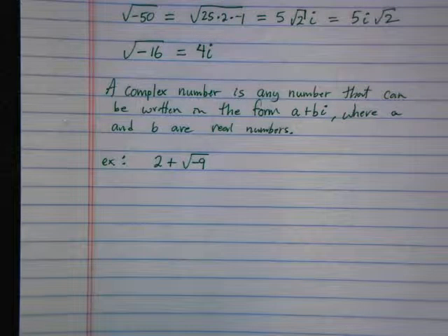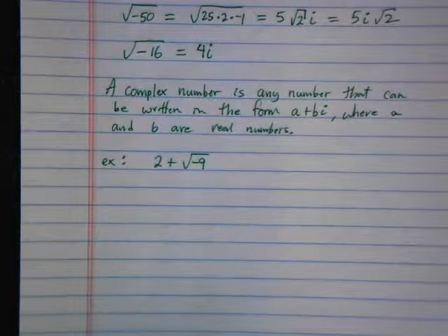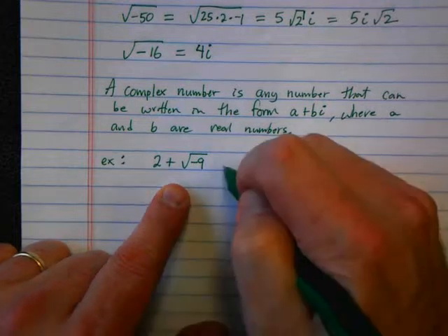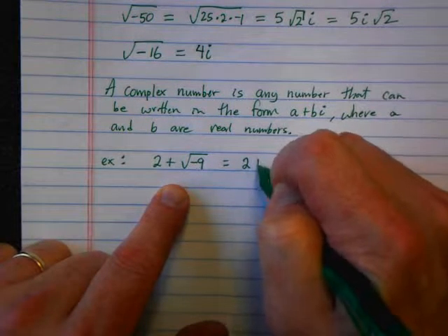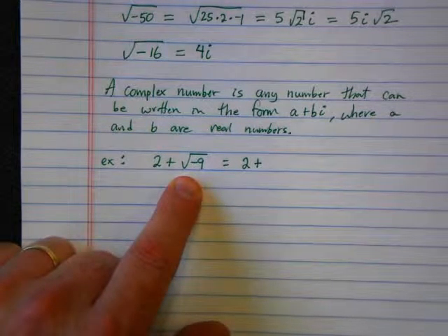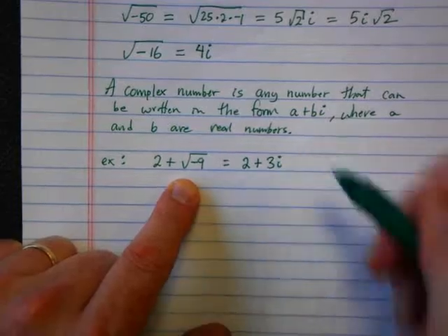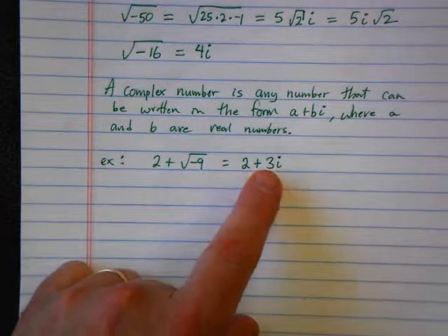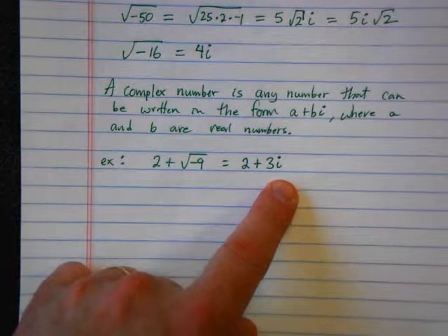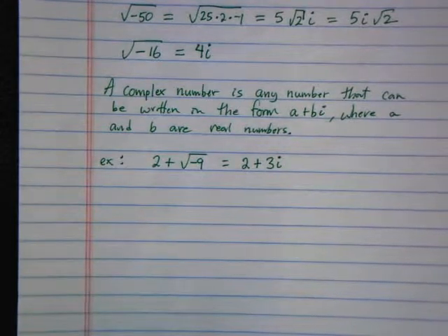Not 1. Yeah, 3. b would be just the number 3. Because you could write this as 2 plus, how do you simplify the square root of negative 9? That's 3i. So a is the number 2, b is the number 3, and then we have the i. So a plus bi. So that is a complex number that can be written in that form.